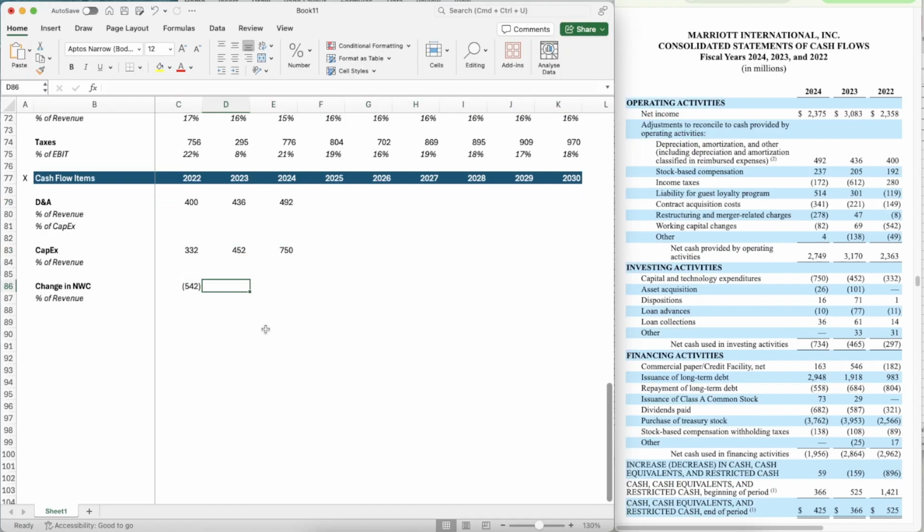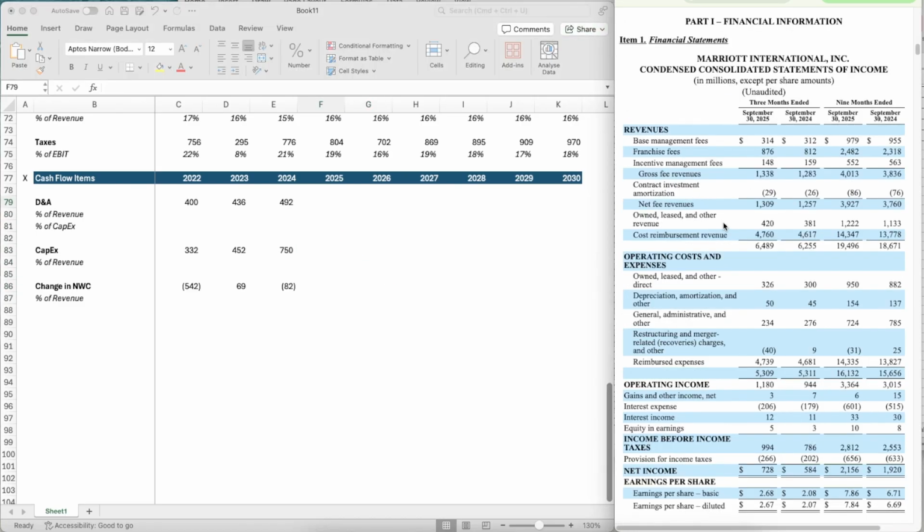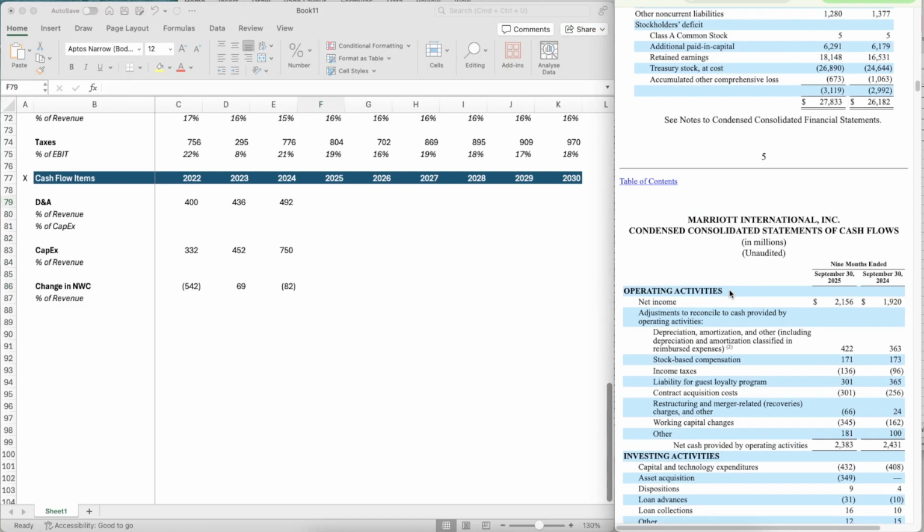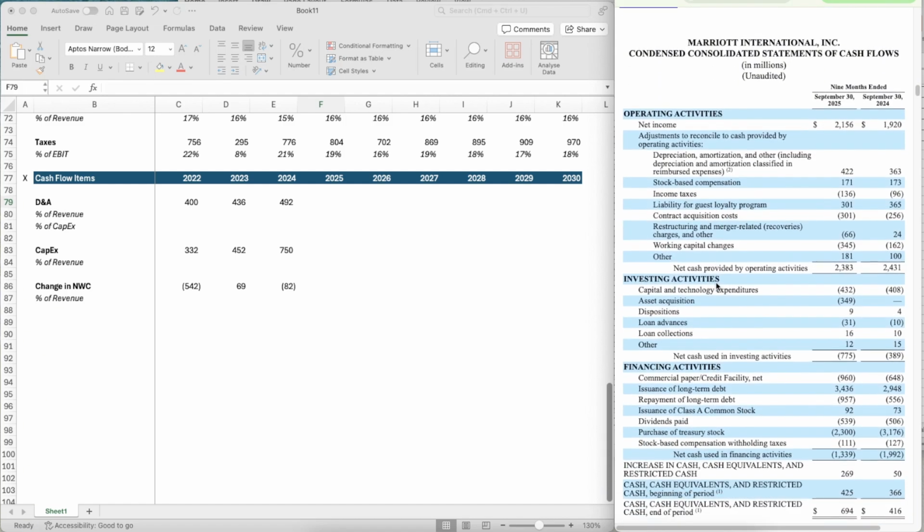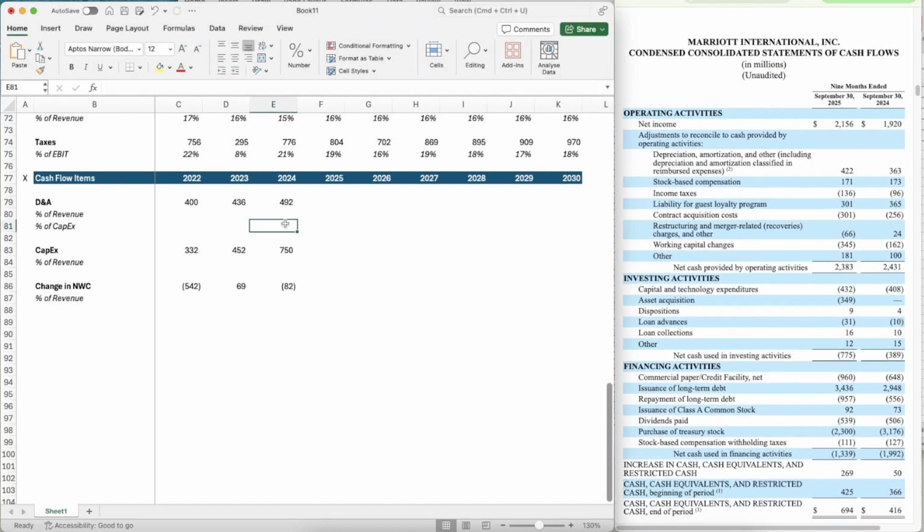So -2, 2025. Here we are. So if in 2024 it did 492 by the end of the year, it was 363 in the first 9 months of the year, the multiplier is 1.5.